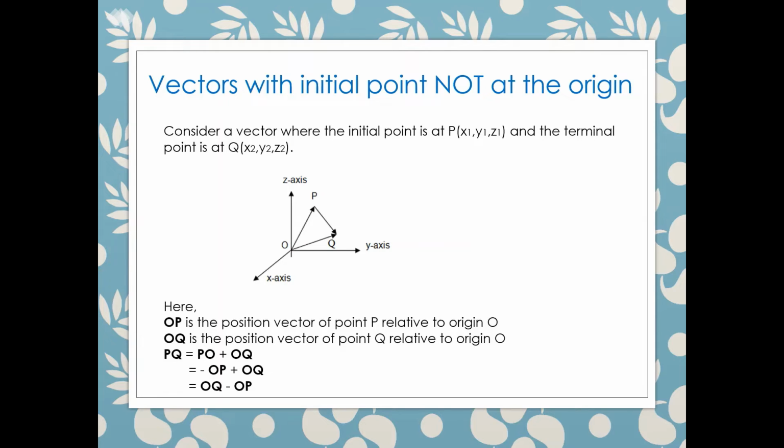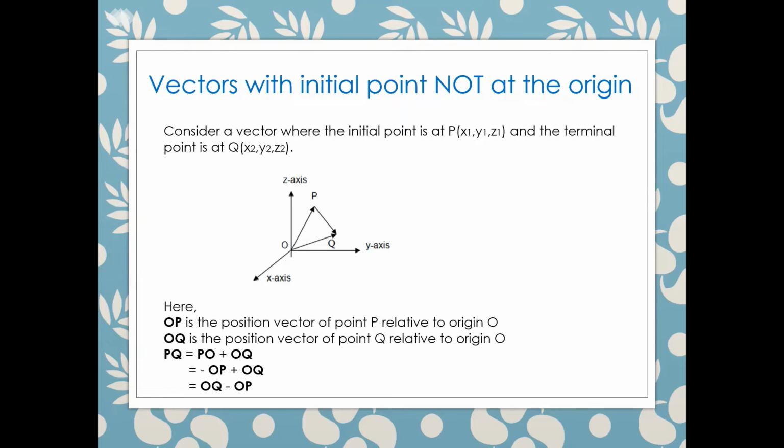Consider a vector where the initial point is at P and the terminal point is at Q. Here, OP is the position vector of point P relative to the origin, and OQ is the position vector of point Q relative to the origin.